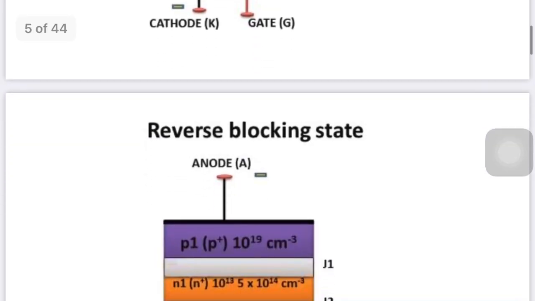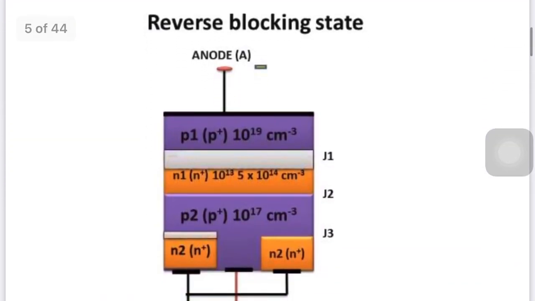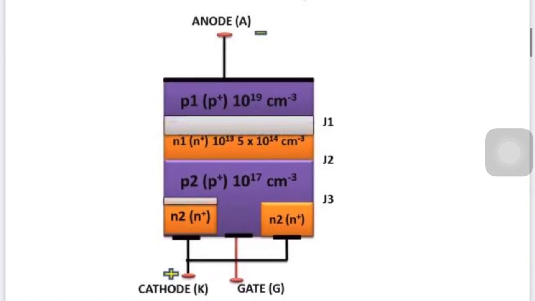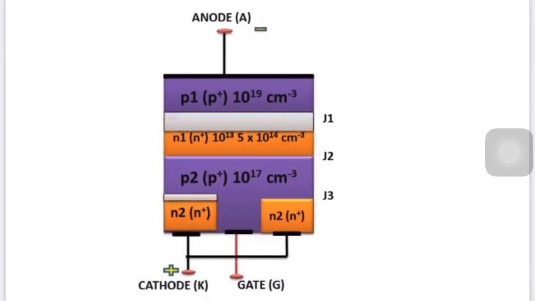Now, the second mode is called the reverse blocking mode. In reverse blocking mode, the cathode is positive and the anode is negative. So, current tries to flow from cathode to anode. So, we start the current flowing from the bottom side. If we apply the current over here, the first layer is N2 and after that P2. So, it is NP, which is already reverse biased, so J3 is reverse biased.